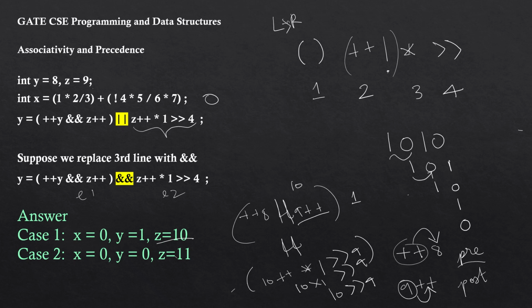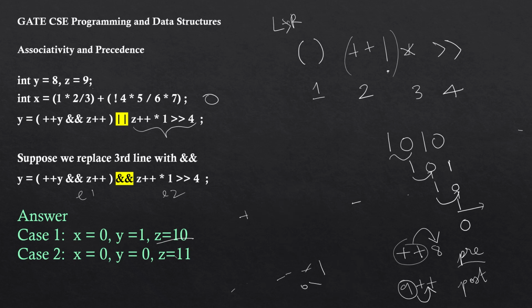Shifted by next bit, it becomes 10. Shifted by another bit, becomes 1. Then finally, when you shift right, it becomes 0. So finally, when you evaluated this expression, we got 1 and 0. That is why we're getting y as 0 in this case. And note, it was 10 plus plus. That's why it is coming as 11 here.